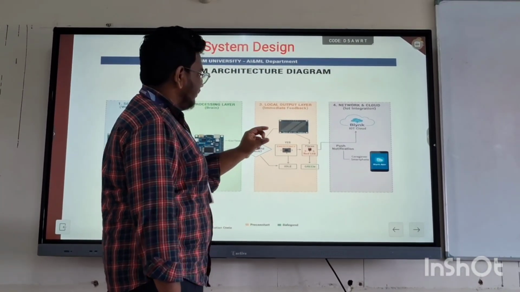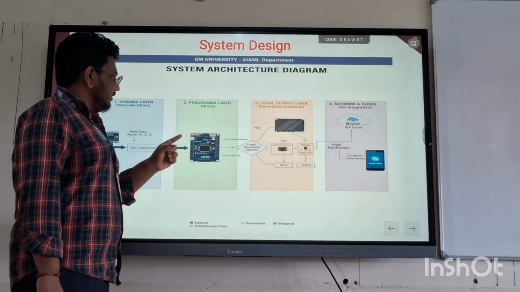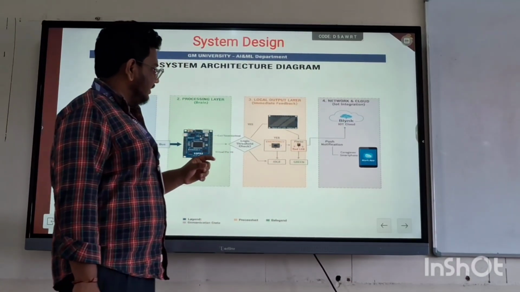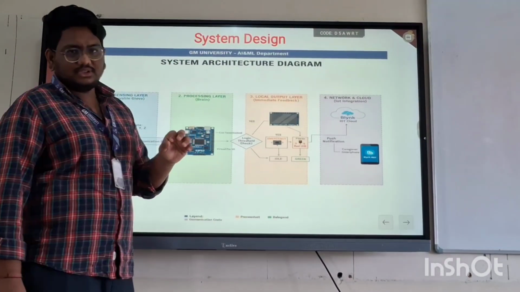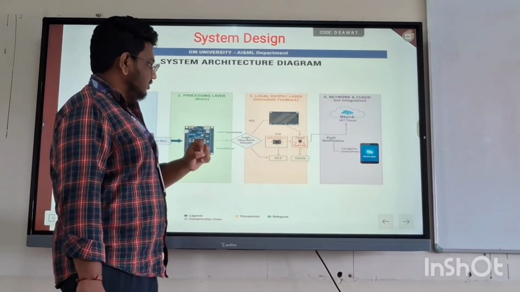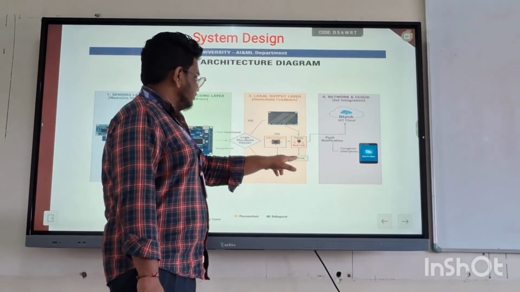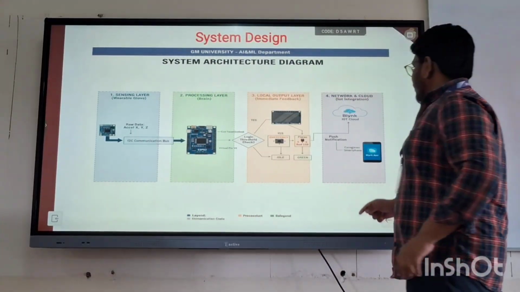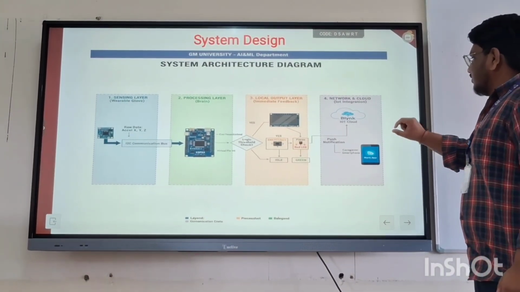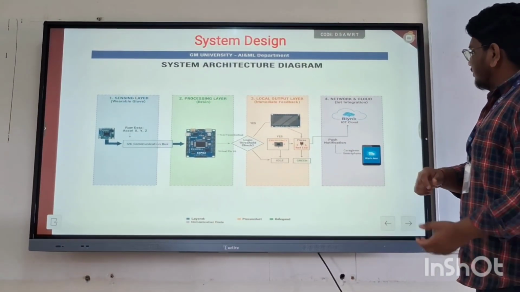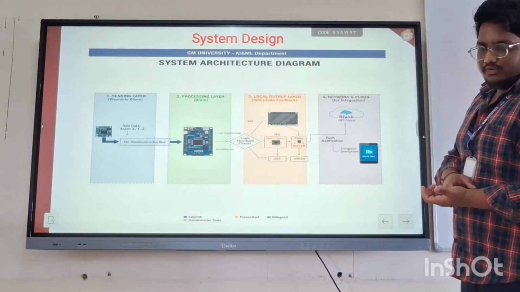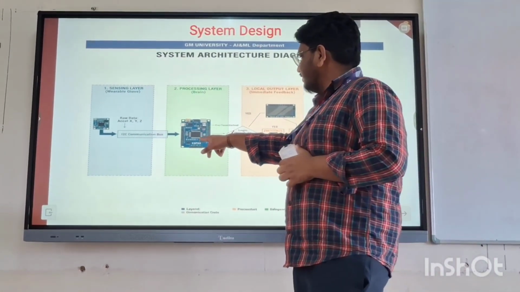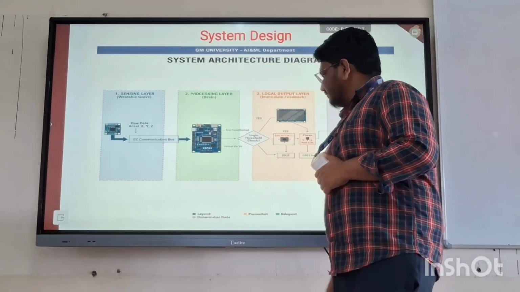We added a 5-volt buzzer and a red LED for the alert. And for IoT, we use the Blynk software, which we can use on our laptops and phones through the internet, and we connect the ESP32 with our Wi-Fi.